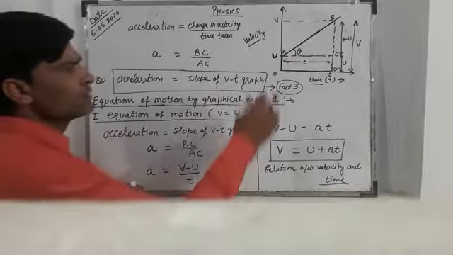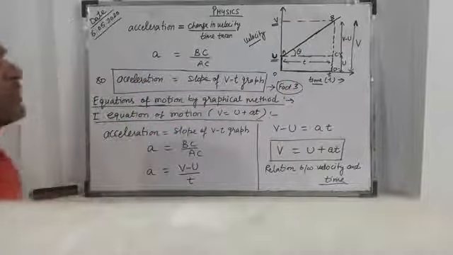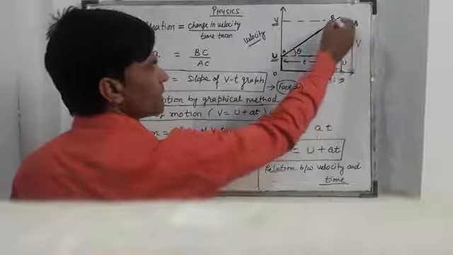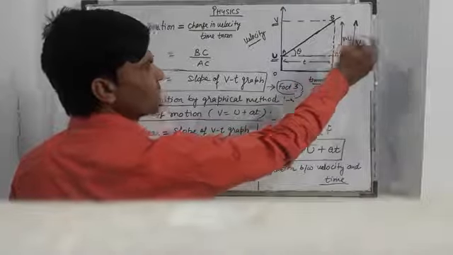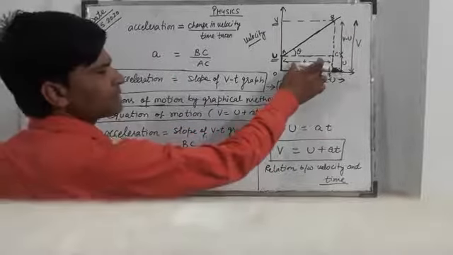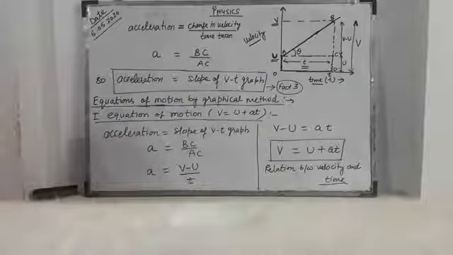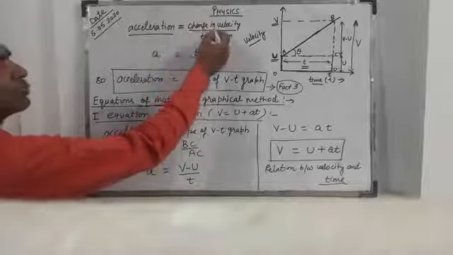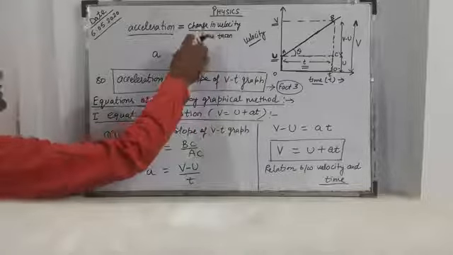Now the initial velocity is u and the final velocity is v, and the change in velocity is represented by BC, that is equal to v minus u. The time taken for this is equal to t. As you know, acceleration is equal to change in velocity upon time taken.